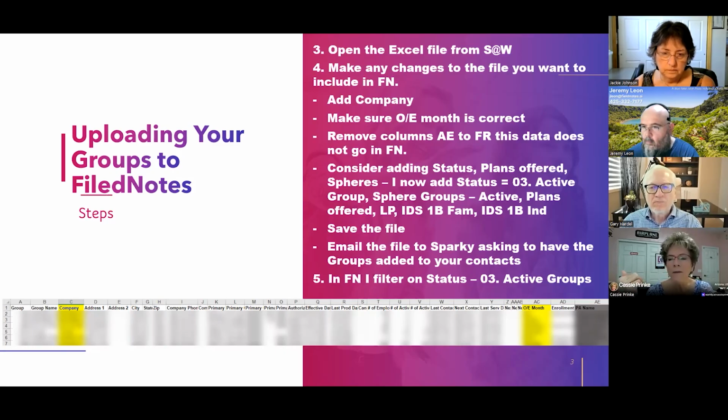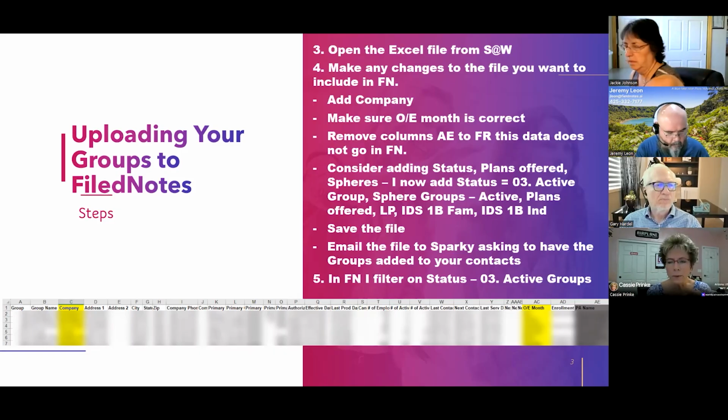And then I recommend you consider adding some columns like your sales cycle, the status, plans offered, that ties to your spheres, different things like that. The one that was most important to me is the status, which is active group.